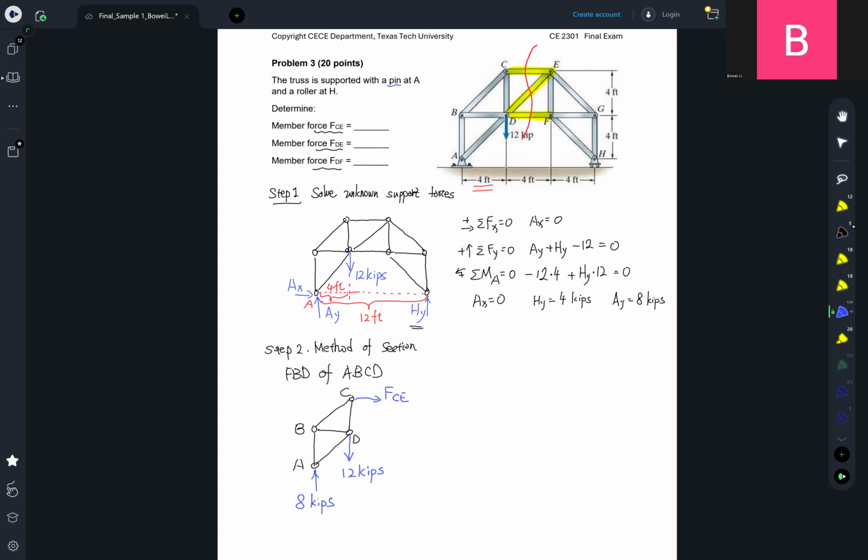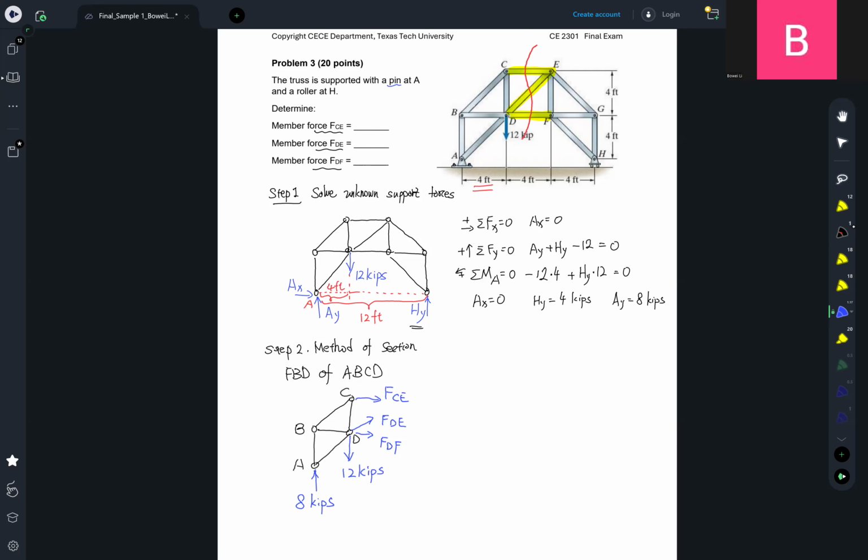And please note that typically, given that we don't know the forces here, we assume that it's tension. So tension is going away from my joint here. At D we have FDE, and at DF we have FDF, right? Okay, so now those are actually all the forces on it.